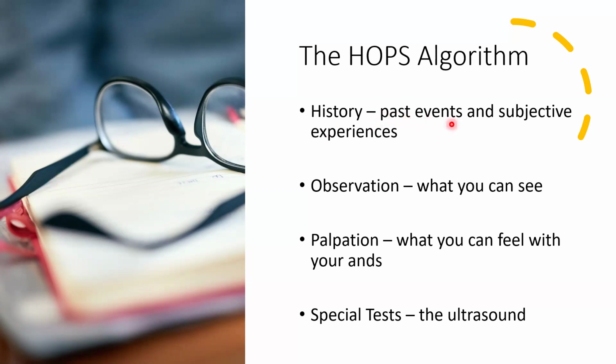Basically asking questions about past events and subjective experiences, using your eyes to see any visual evidence of the injury or orthopedic condition you're assessing. Palpation means actually putting your hands on the patient to see what you can assess. And then special tests, in this case, we'll be using the ultrasound as our special test.